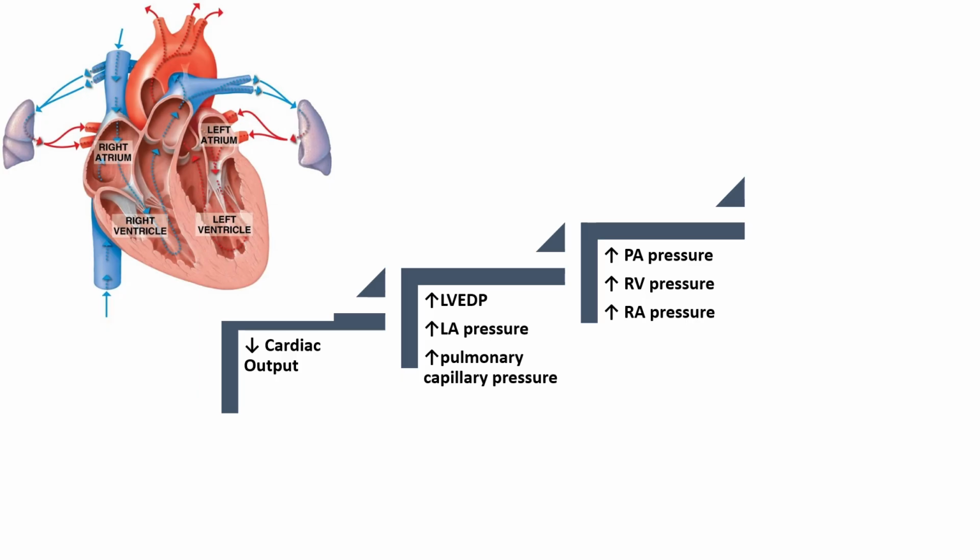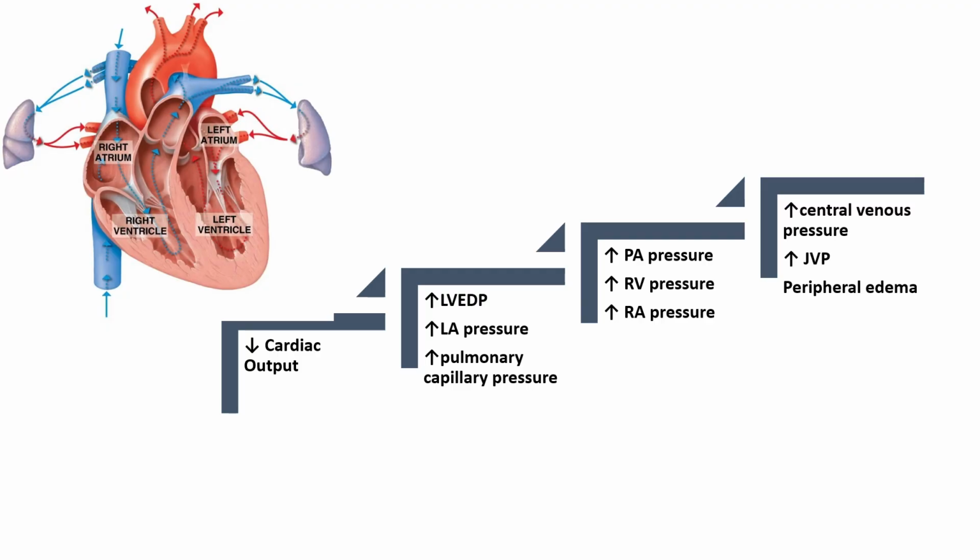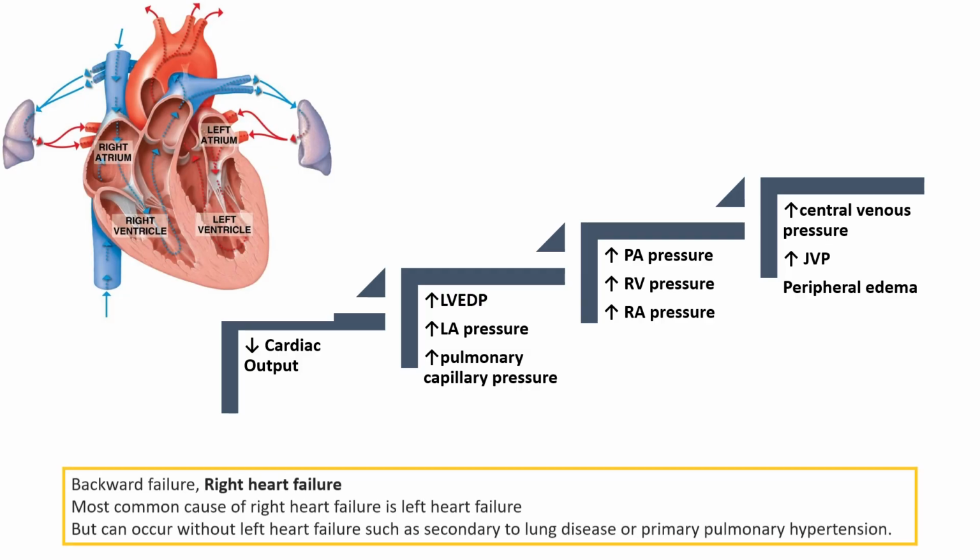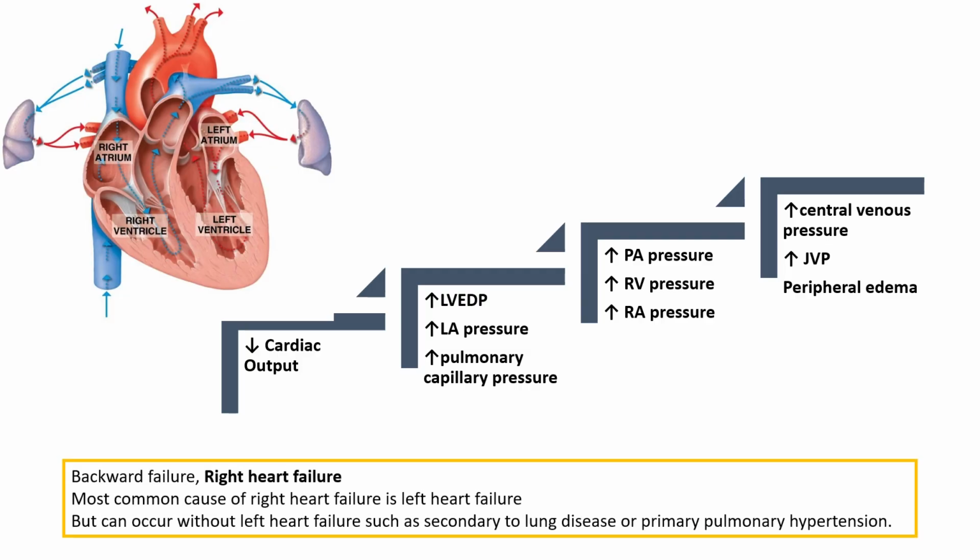The elevation in the right atrial pressure will cause the central venous pressure to be elevated, translating into an elevated jugular venous pressure and peripheral edema. You can also have hepatomegaly and ascites. This is now referred to as right heart failure.